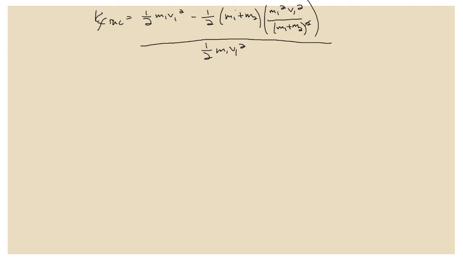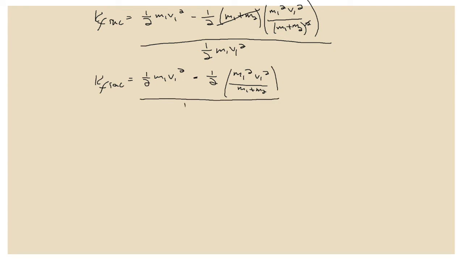So basically, that m1 plus m2 cancels one of these m1 plus m2s nice and easily. And so what I'm left over with then is 1/2 m1 v1 squared minus 1/2 m1 squared v1 squared over m1 plus m2. And then all of that is over 1/2 m1 v1 squared.